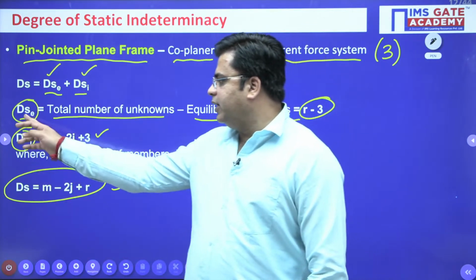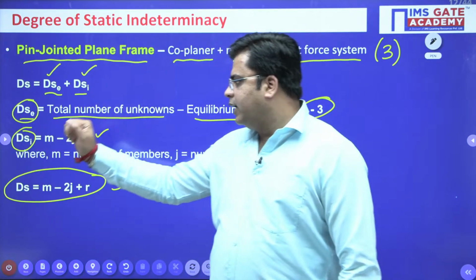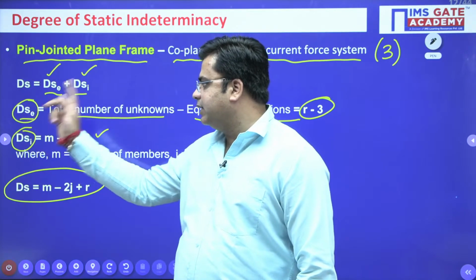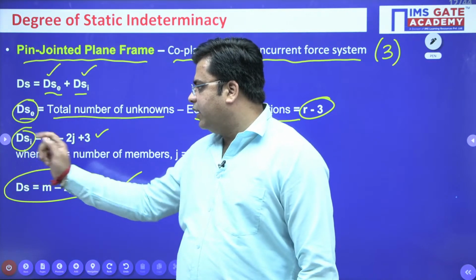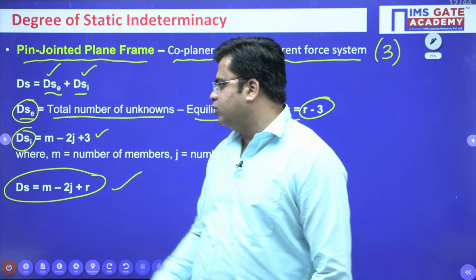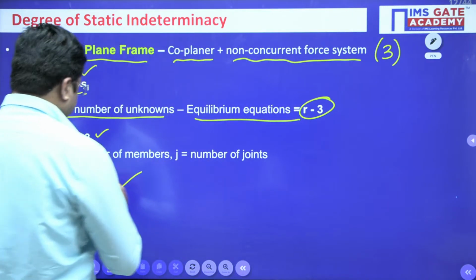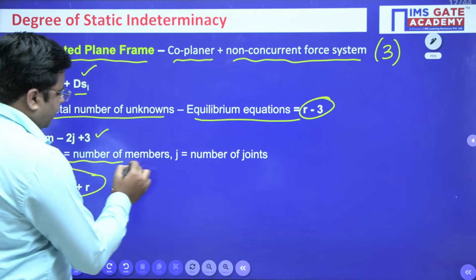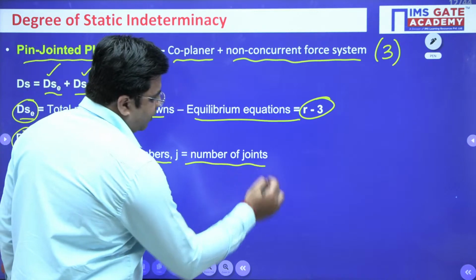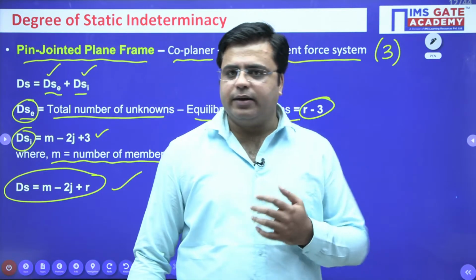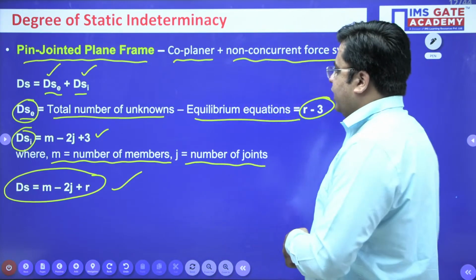The degree of static external indeterminacy is r minus 3, and the degree of internal indeterminacy is m minus 2j plus 3, where m is the number of members and j is the number of joints. So, this is how you can calculate the degree of static indeterminacy for a pin jointed plane frame.